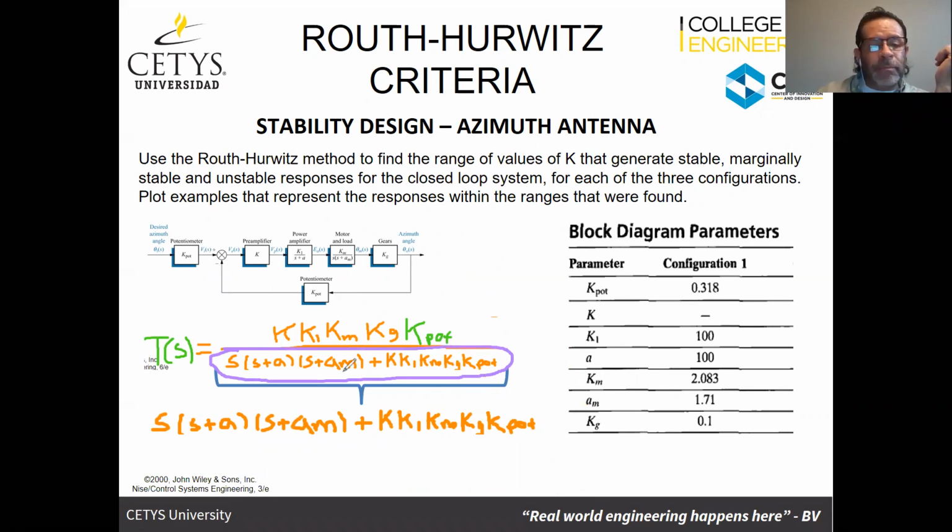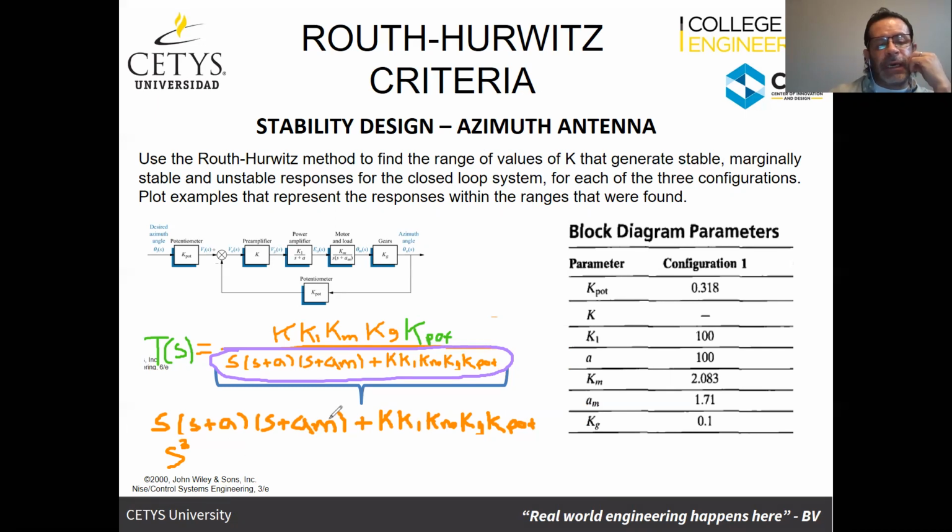Let's just remember that this part here, we need to actually multiply. So s times s is s squared, so this is going to be s to the 3.